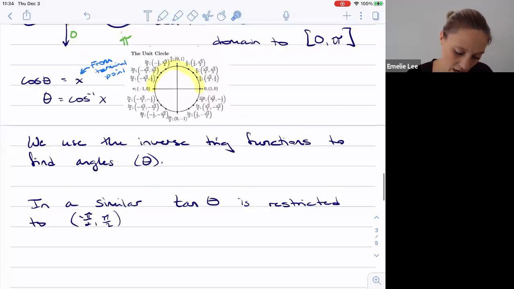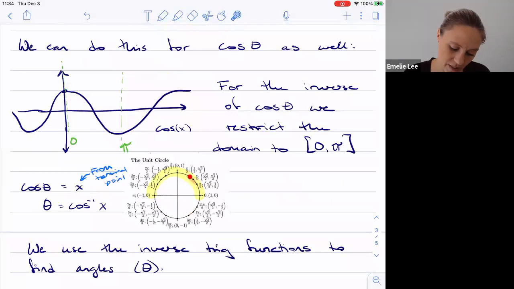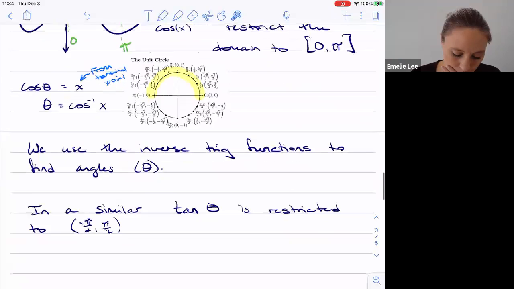So that's the same half circle as sine, but it's not including the endpoints.